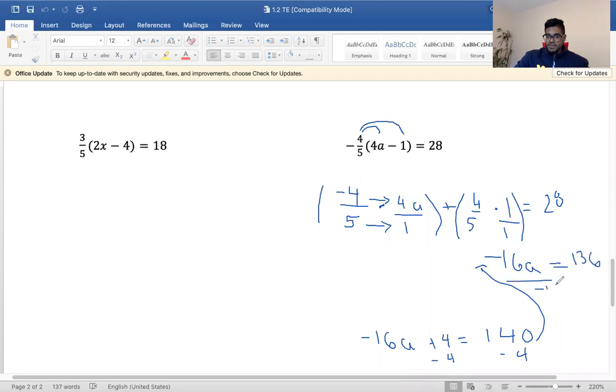Divide by negative 16. And I get a equals negative 8.5. Okay, so a equals negative 8.5. It's kind of hard to read. Let me write it. Okay.